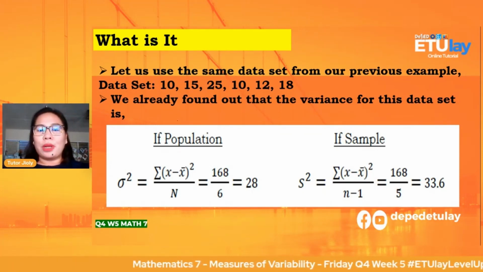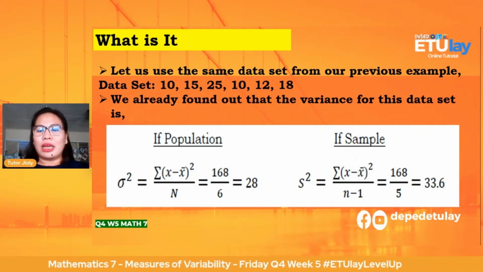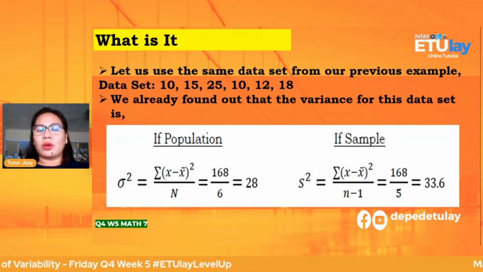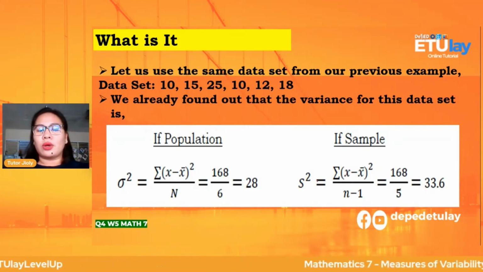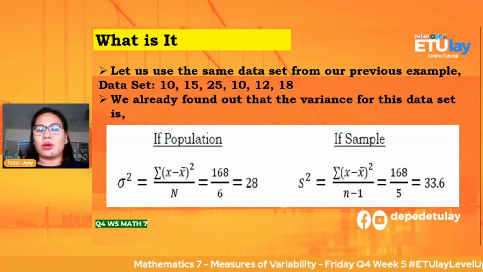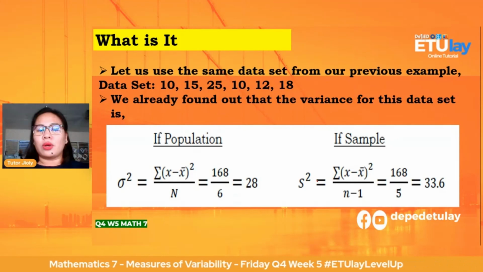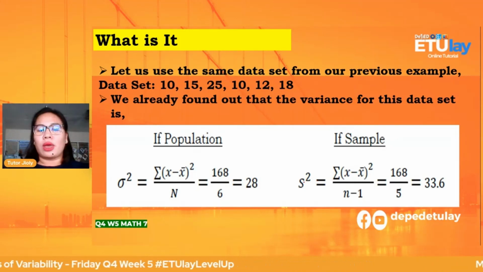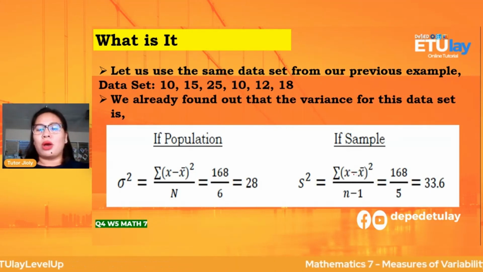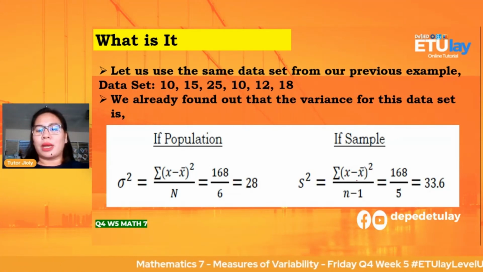That was for the population. For the sample, it is S squared, S raised to 2 is equal to the sum of data minus mean squared all over n minus 1.